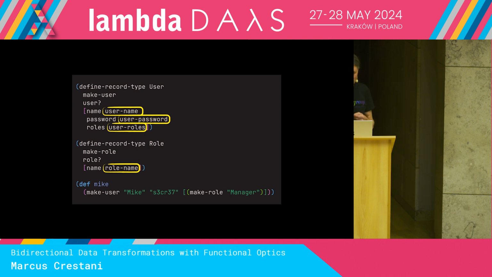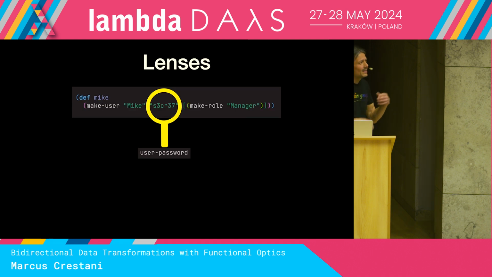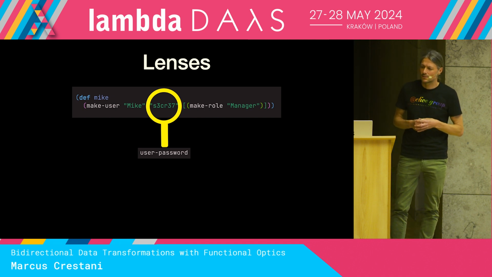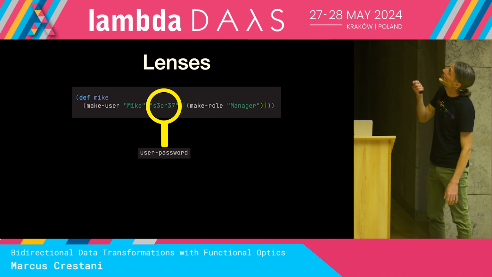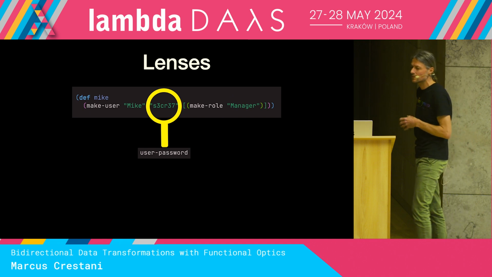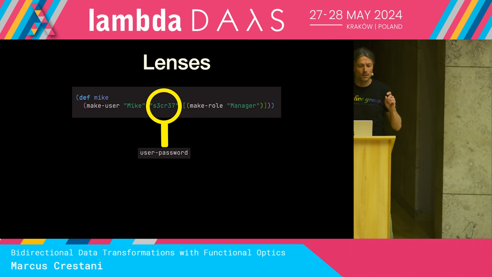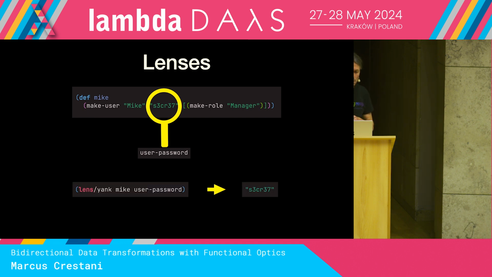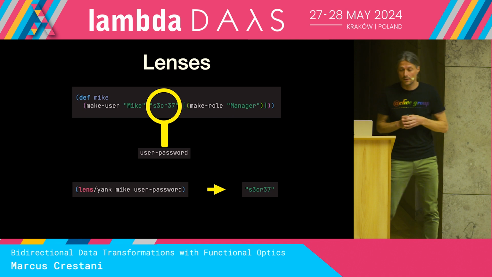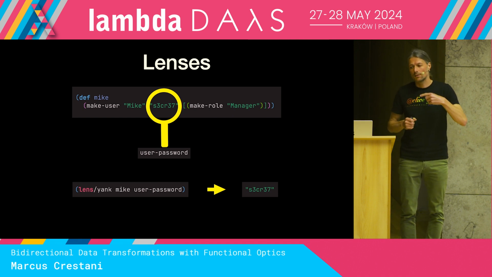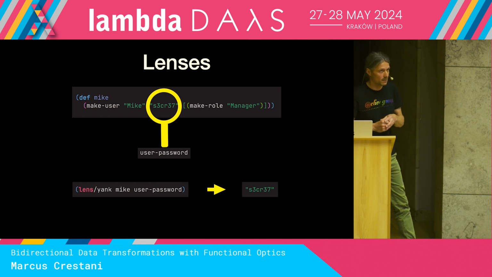But what are lenses? Lenses allow us to focus on specific parts of a data structure. Here, the lens user-password focuses on the password field of our user data structure. You can yank a lens over a data structure to get the value of the field that the lens focuses on.